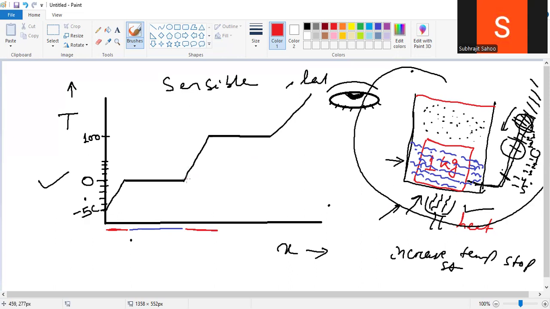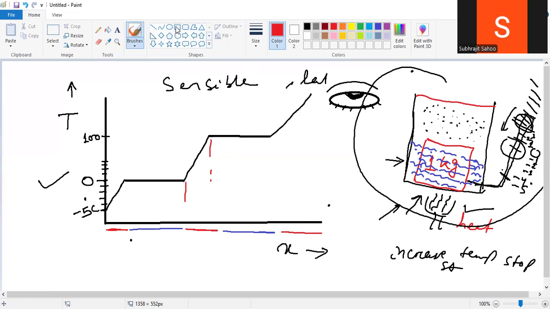I'm showing it down here. Again, with heat addition continuously going on, the temperature does not change here to here. Blue line does not change, red line changes. Again, it changes here to here.